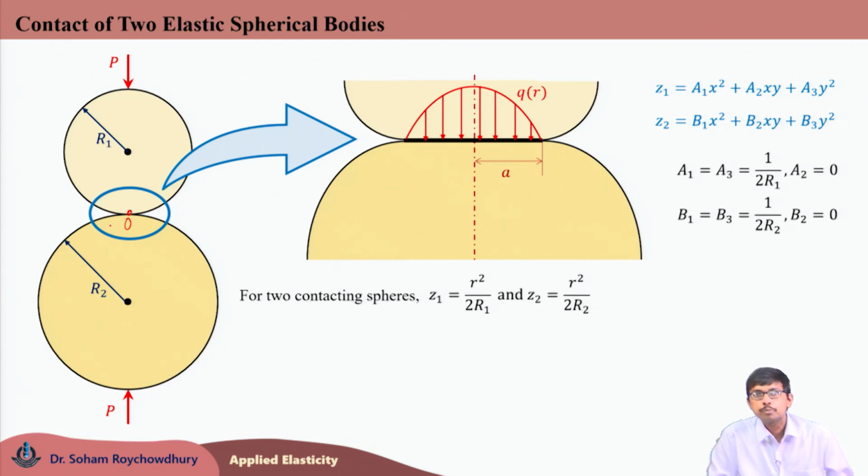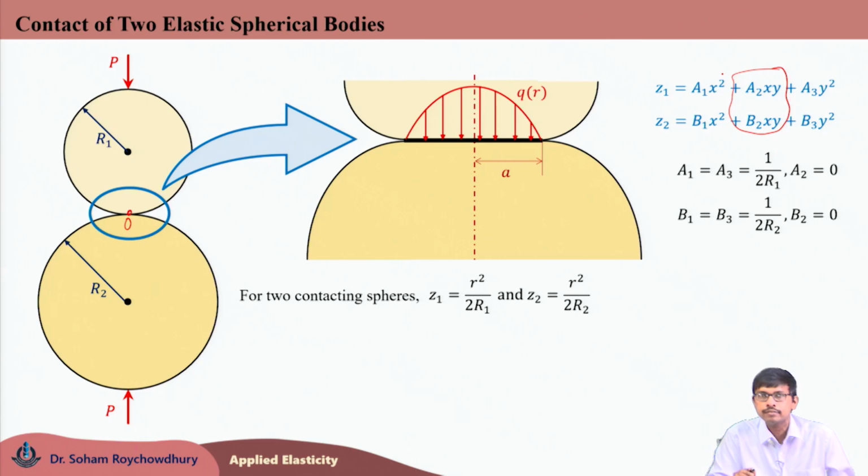Considering the bodies to be spheres, we can get these values of A2 and B2 to be 0. These mixed terms are 0 because we are having equal radius of curvature. Both radii of curvature at any point for the sphere are the same and equal. Thus, all the directions are principal curvature directions.